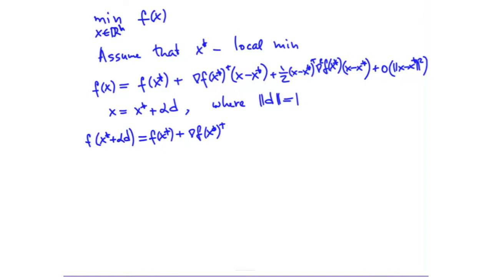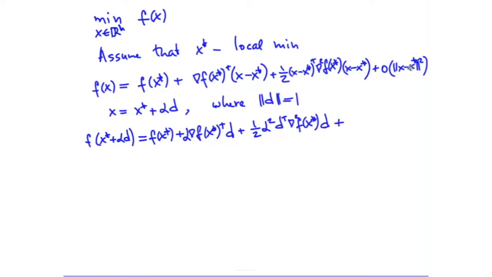So what we'll have here will be just alpha d, so we'll put d here, and then the alpha will go here. Then for the quadratic term, instead of x minus x star, in both cases we'll just have the vector alpha times d. And then, because alpha is a scalar, I can move both alphas up front, and they'll give us the product of alpha by alpha, which is alpha squared, right? So we'll have 1/2 alpha squared, and then times d transposed times the Hessian times d.